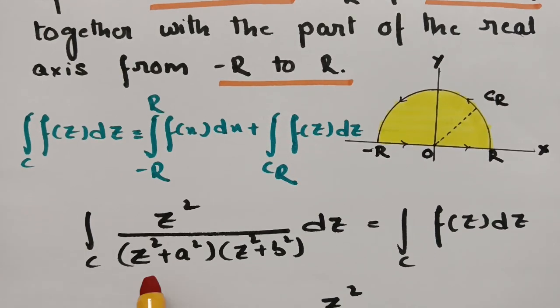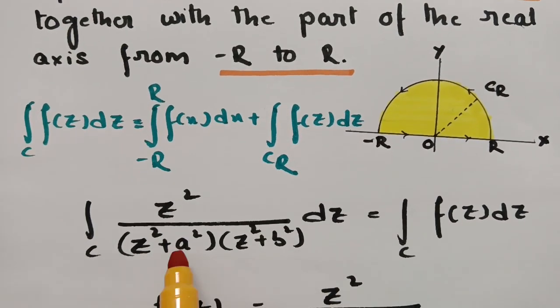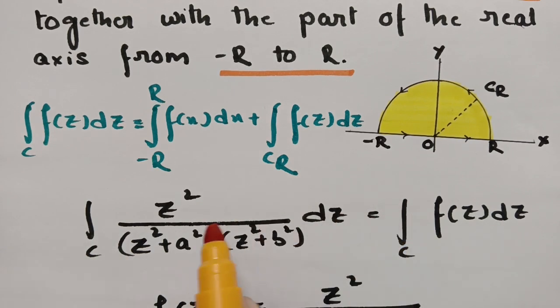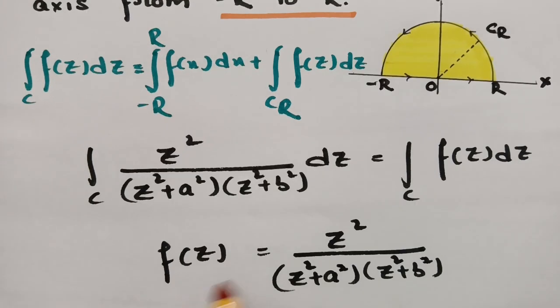So on comparing the middle terms, f of z value will be z square by (z square plus a square) into (z square plus b square).